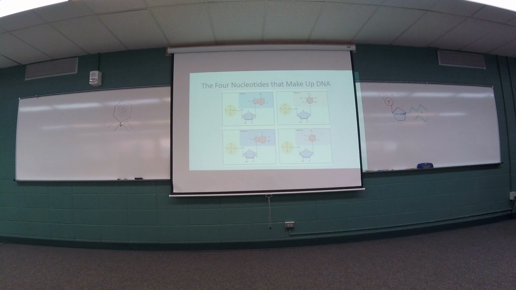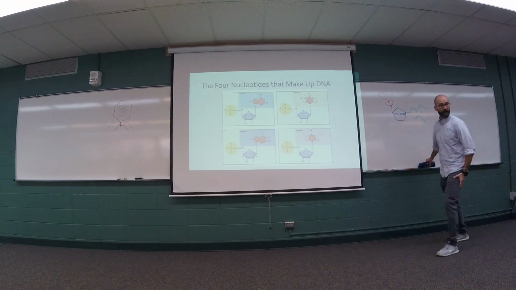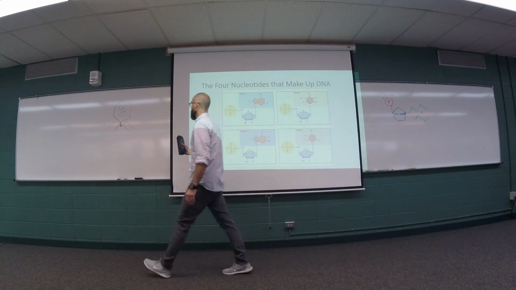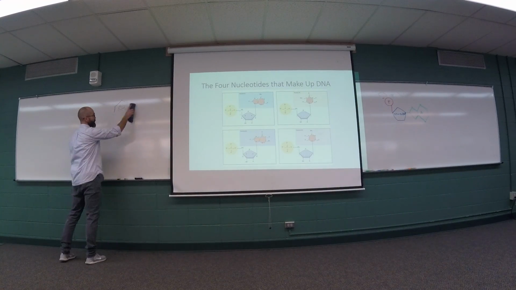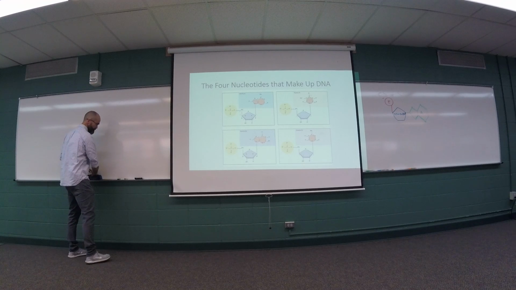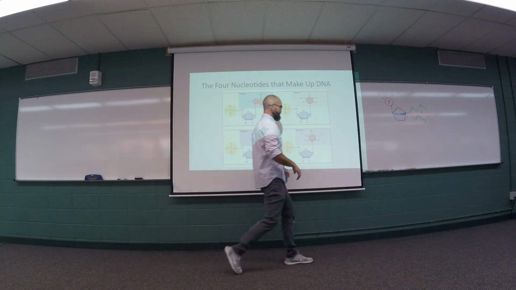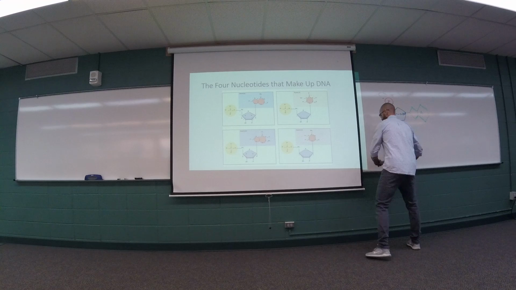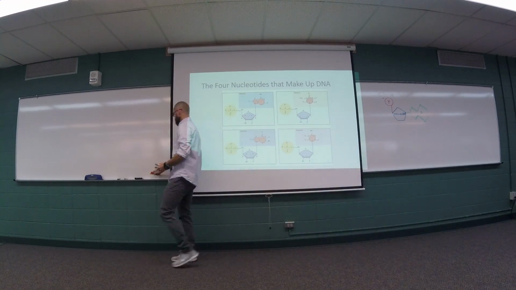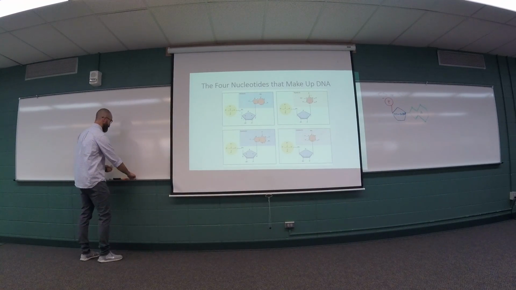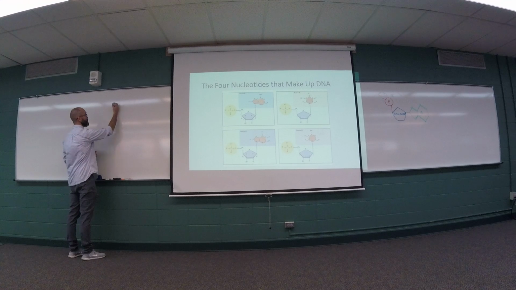Okay, so if we were to create a line diagram of the DNA molecule in a two-dimensional space, it would look something like this, where there are alternating phosphates and sugars, right? Because that constitutes the backbone.